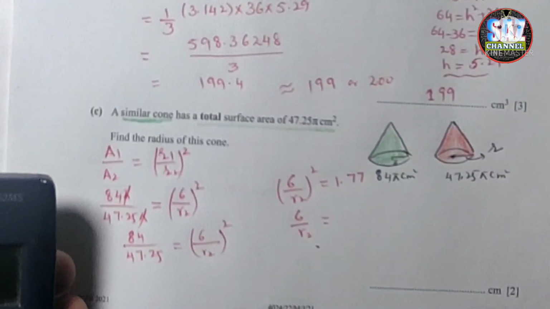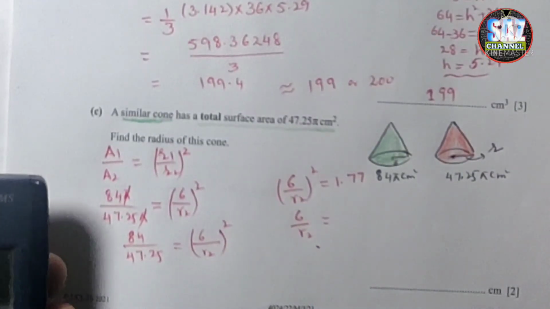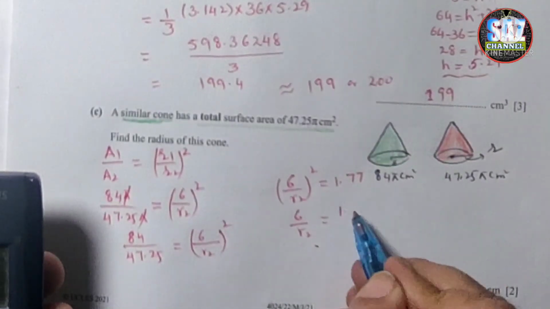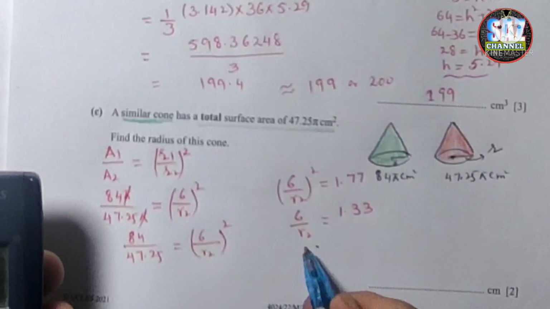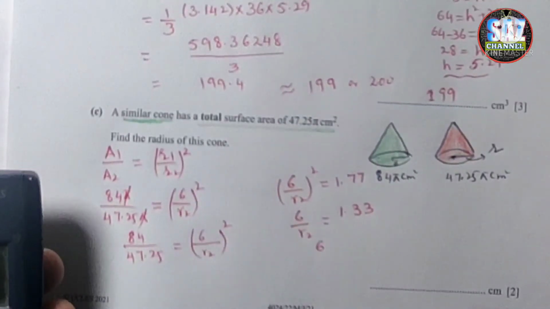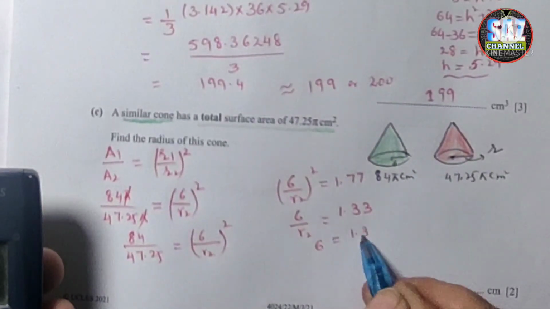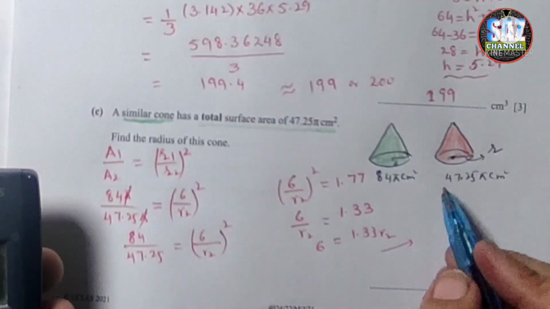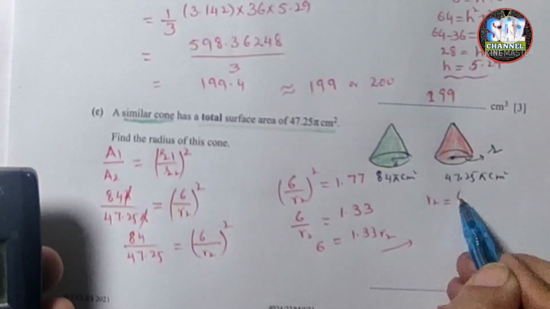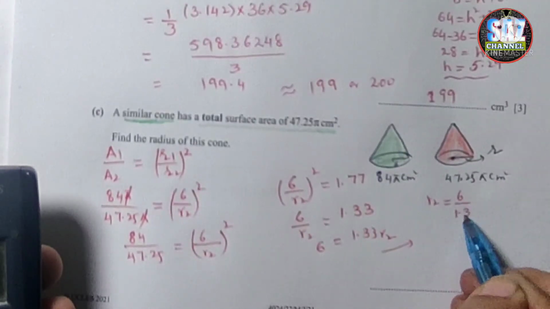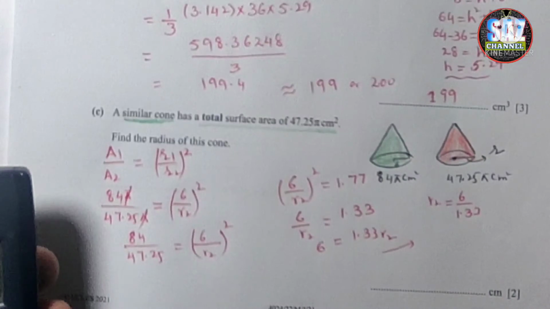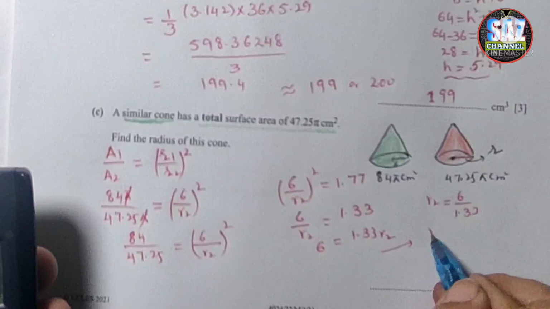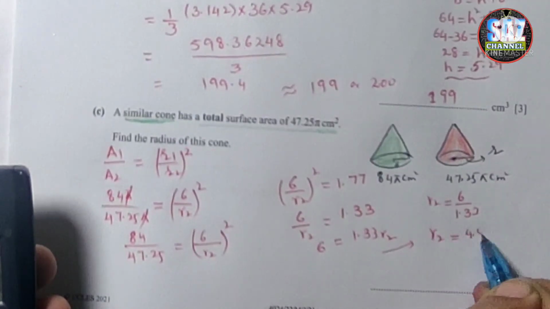So the square root of 1.77 will give me 1.33, so 6 equals 1.33 multiplied by r2, and let me go over here, r2 equals 6 upon 1.33. 6 upon 1.33 is 4.5. R2 is 4.5.